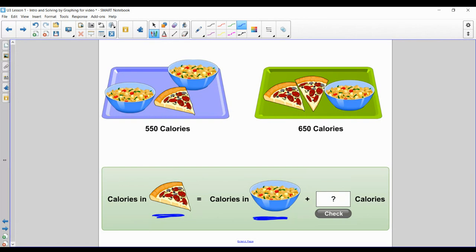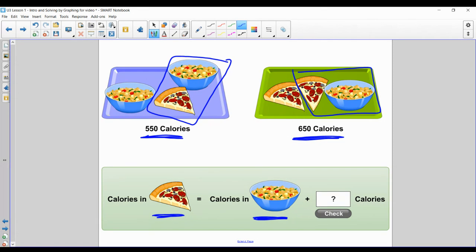Well, this number of calories is less than this number of calories. You can see that I've got a pizza and a bowl of snacks, a pizza and a bowl of snacks.